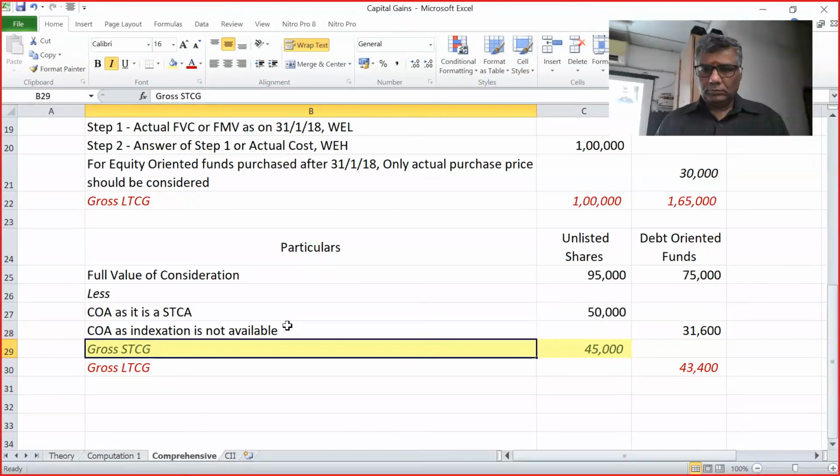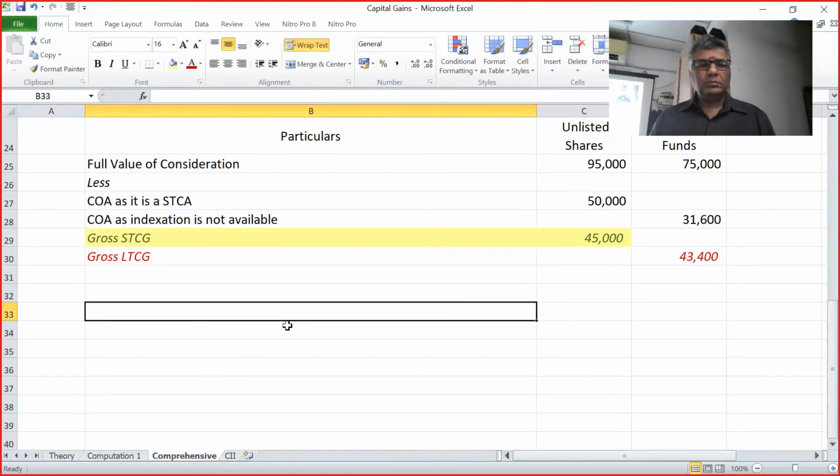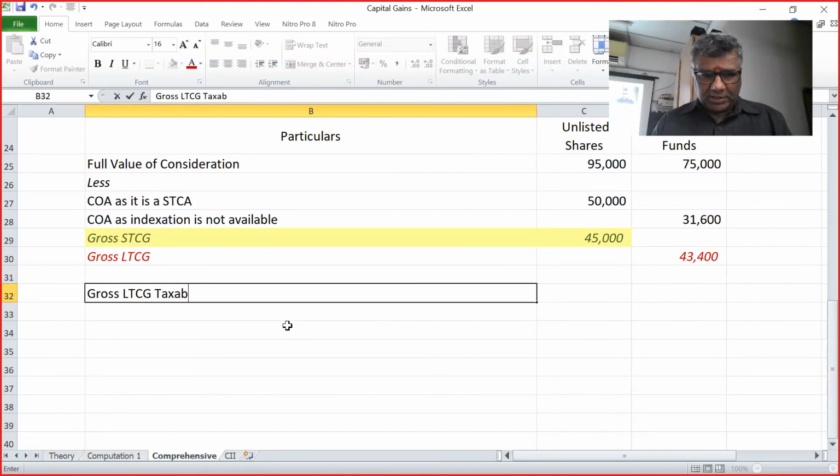I'll consolidate and keep it here. Gross LTCG taxable under section 112 is 43,400.